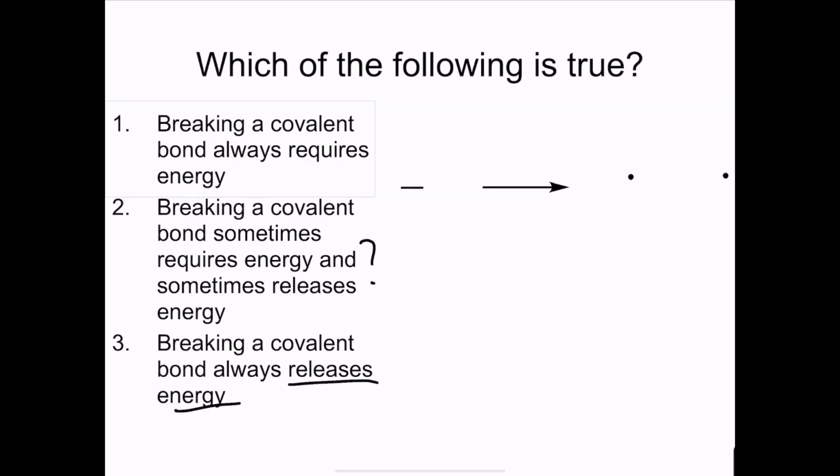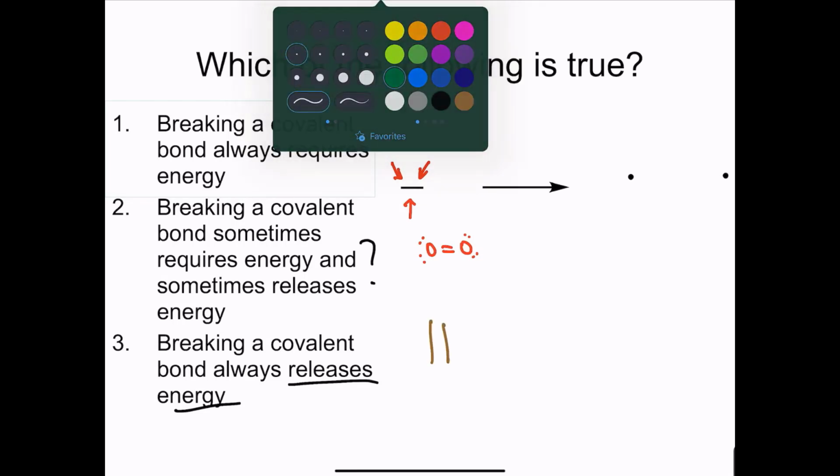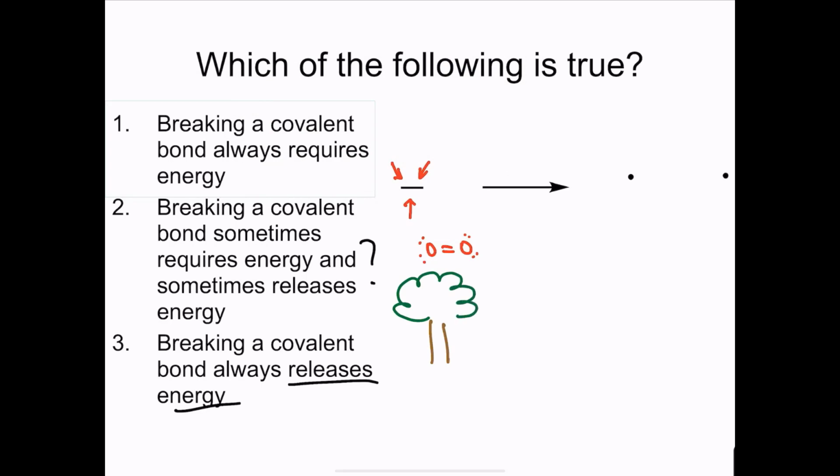Let's take a look. Breaking a covalent bond always requires an input of energy. You've got to put energy into it. And if you think about it, that makes a good amount of sense. If you consider oxygen molecules just floating around, say, in a forest full of hydrocarbons that totally could combust in the presence of that oxygen, they don't just combust.